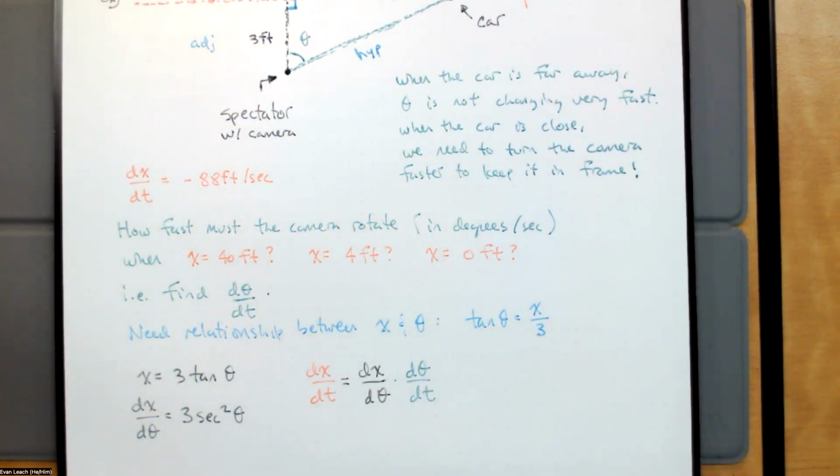Sorry, we have the dx dt. We have a function for dx d theta, and we're looking for d theta dt. So out of the three related rates, we know two of them, which means we can solve for the third one.